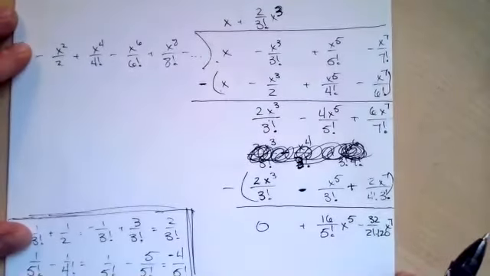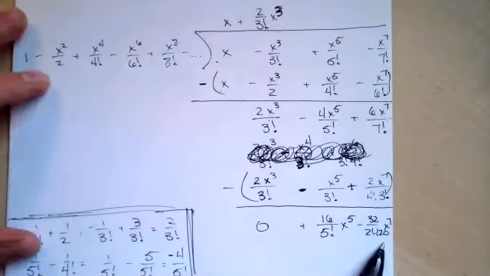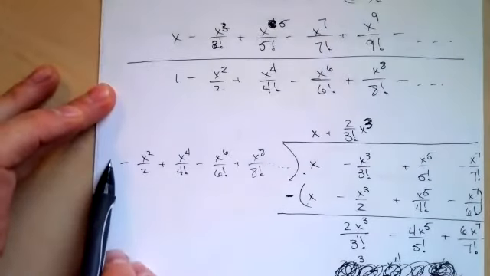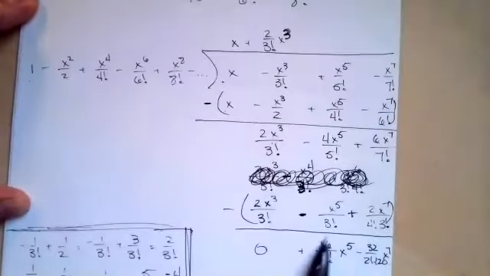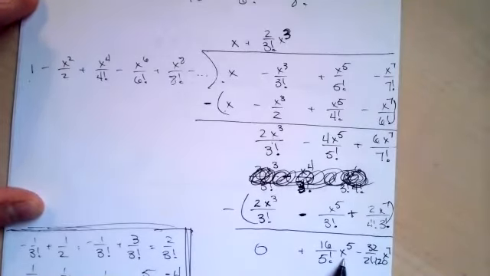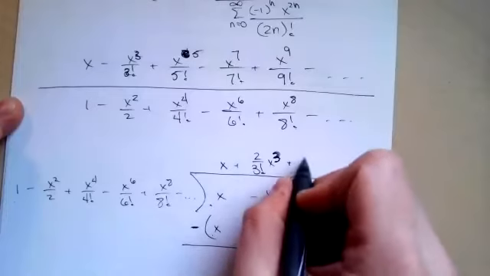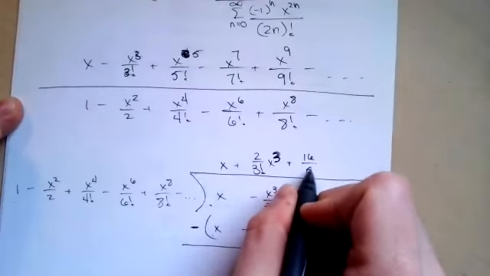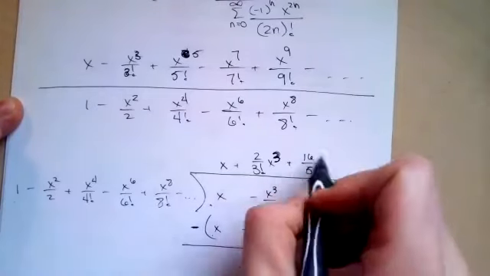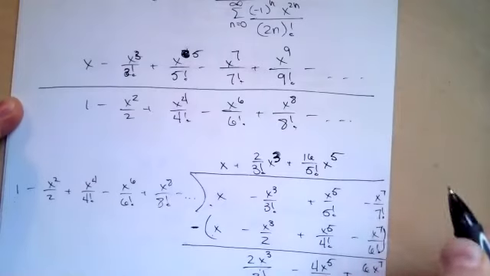The next step in the algorithm would be now to look at how many times 1 goes into our remaining x to the 5th term. So there we would have a plus 16 over 5 factorial x to the 5th.